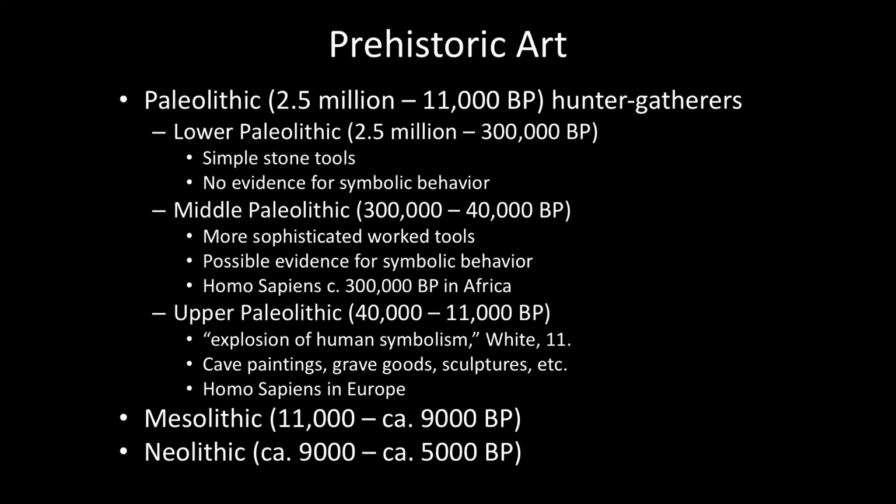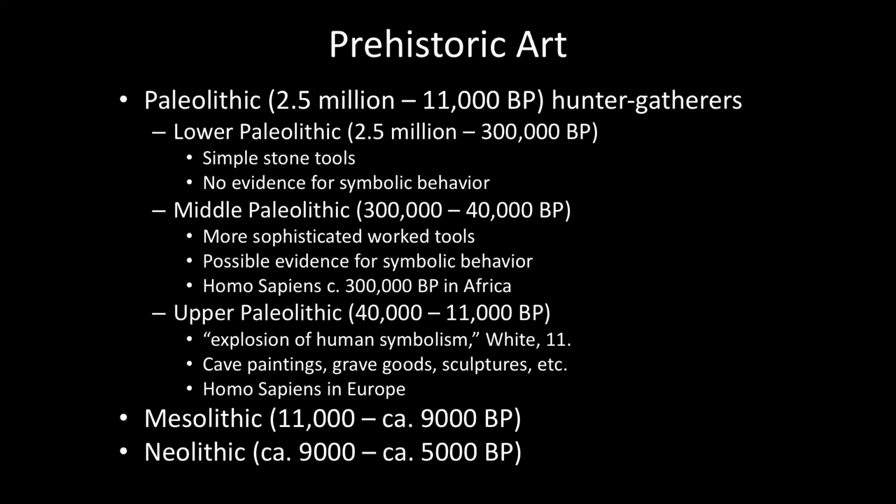So they call it the lower Paleolithic because when they're digging up these sites, it's at the lowest level. So from 2.5 million years ago until about 300,000 years before present. And what we see during this time, remember this is before Homo sapiens, are pretty simple stone tools and no evidence for symbolic behavior. When they're talking about symbolic behavior, they mean art, which is what our class is going to be about.